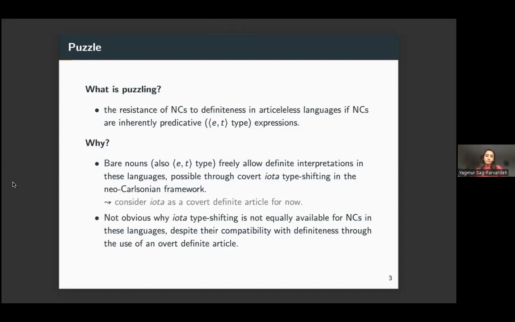In short, it's not obvious why iota type shifting is not equally available for numeral constructions as it is for nouns in articleless languages, despite the fact that definiteness is compatible with numeral constructions overall when we look at the cross-linguistic picture, at languages with an overt definite article. So this is the puzzle that I'm going to be discussing today.